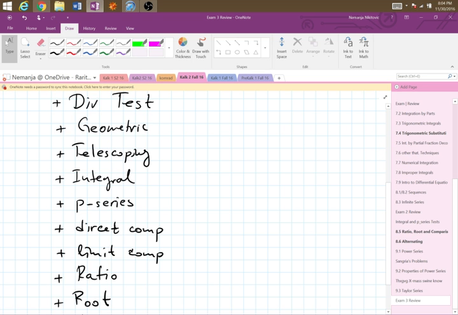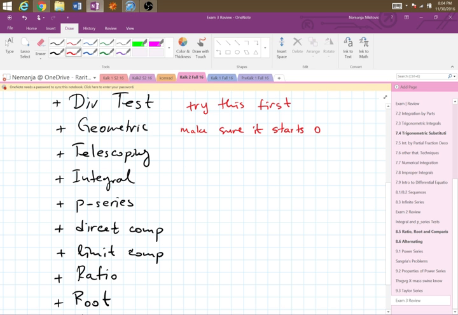I'll put some notes here. So try this first. For geometric series, the important note is make sure it starts at 0.